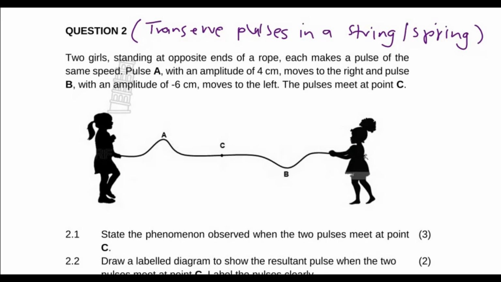Question 2. Two girls standing at opposite ends of a rope. So we have a girl here and another girl. They are standing at opposite ends of a rope. Each makes a pulse of the same speed. So let's call this girl A, makes a pulse A. There's the pulse with an amplitude.